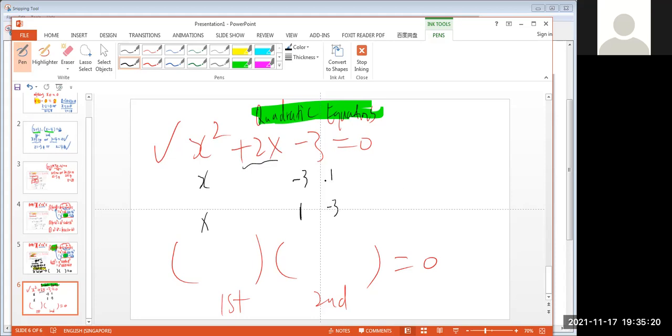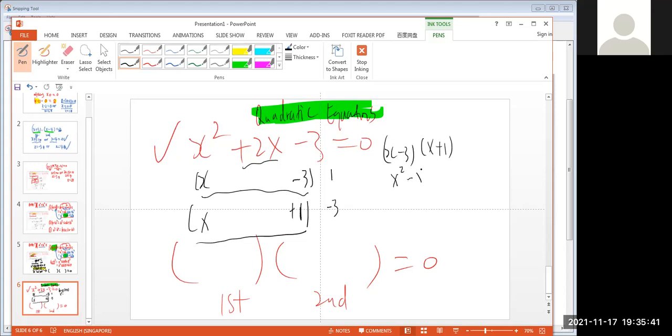Okay, so if you test this first, by the way, this is +1. So if you test x -3, which is here, and then you test the second bracket x +1, which is here, you will realize that you will not get +2x. You are going to have -2x instead.